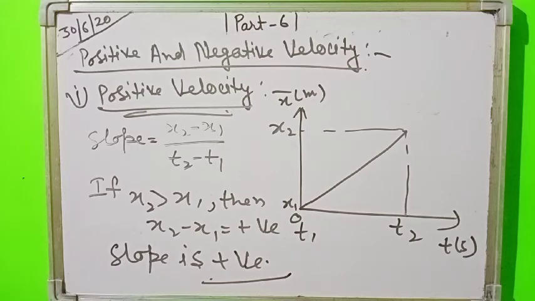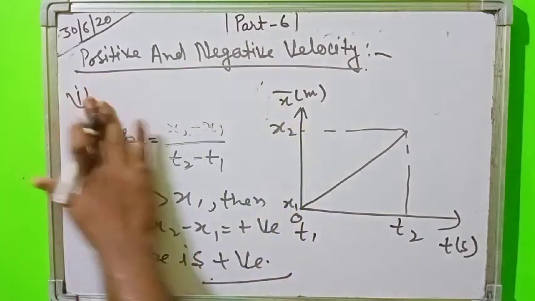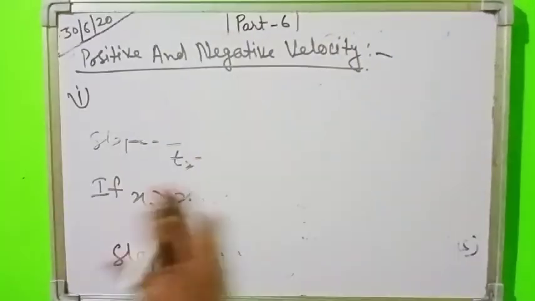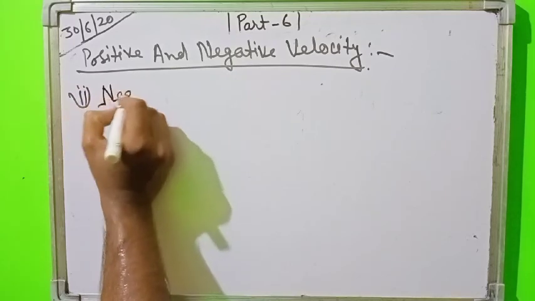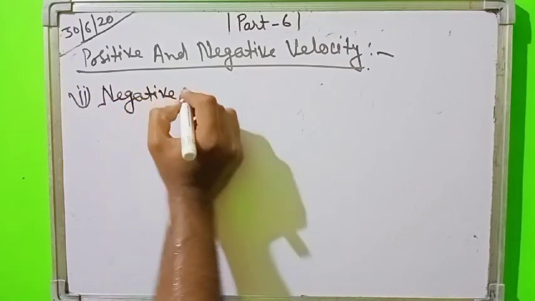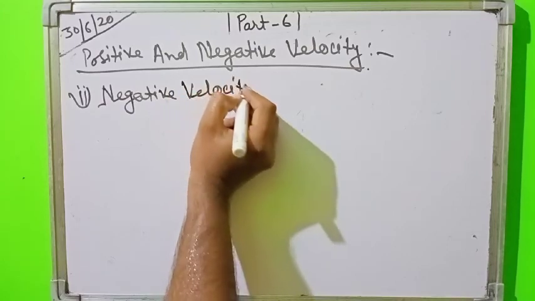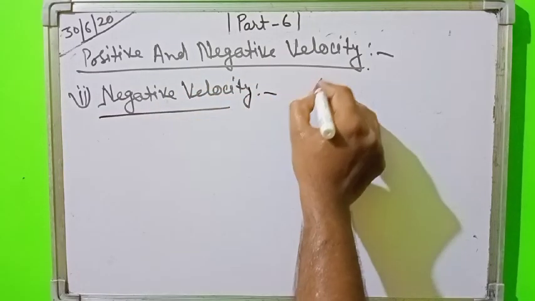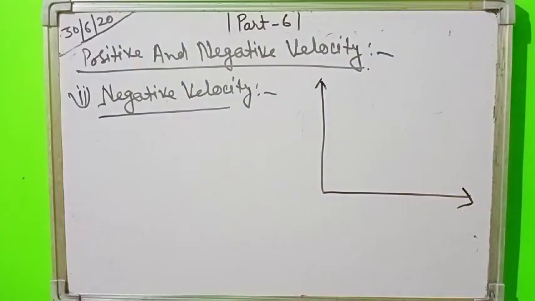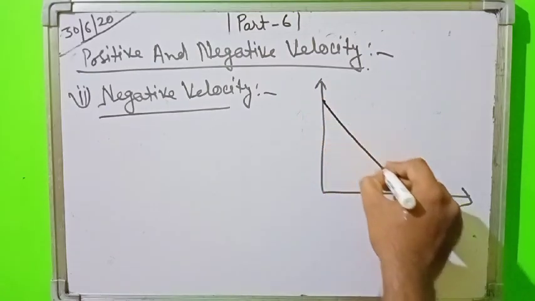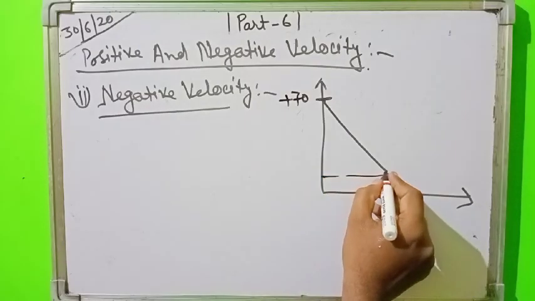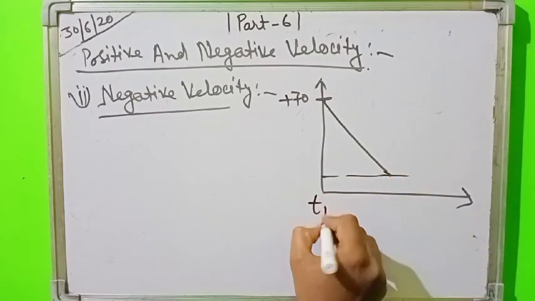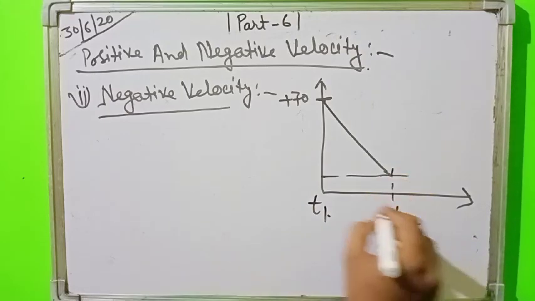And if the displacement is negative, that is negative velocity. Suppose this is plus 70 at time t1, and the body reaches plus 10 at time t2.